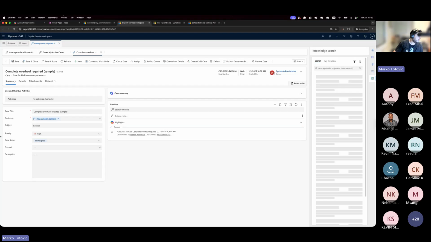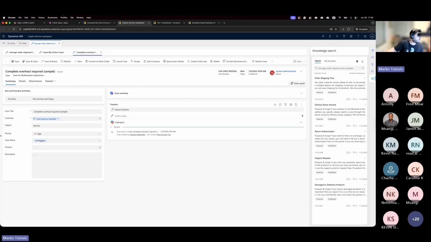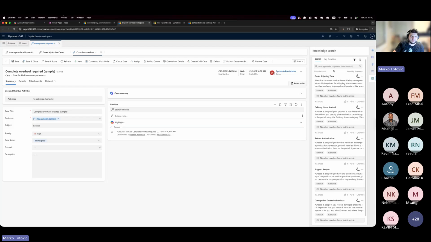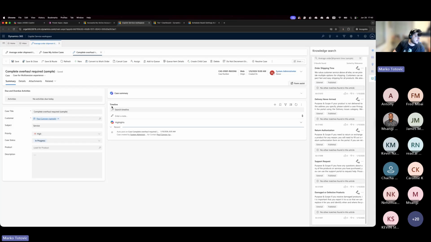For example, let's imagine that a complete overhaul is required. So this is one of our tickets. It doesn't matter what is written here, but before the whole Copilot power, we had here the possibility really to search our knowledge articles. Here is the timeline to communicate with our customers. We can send them email, we can call them, we can do different things, and through communication or through the history of our information in the company, we can resolve their problem.